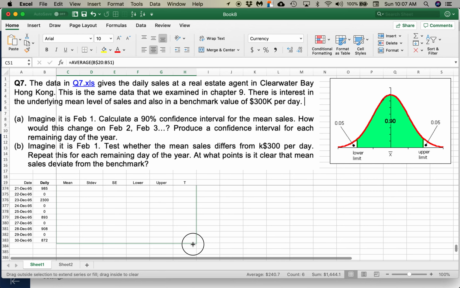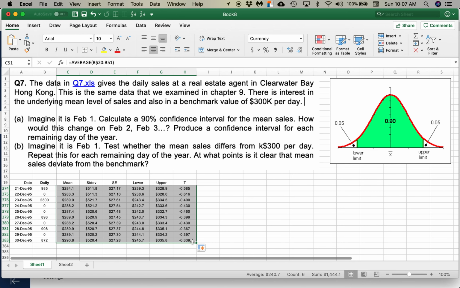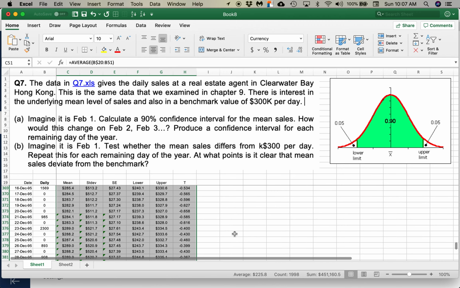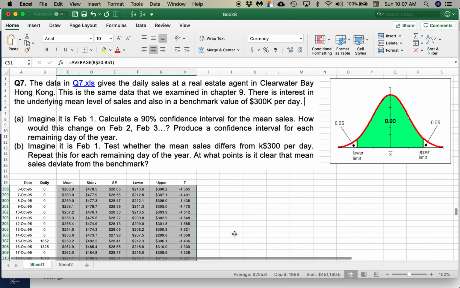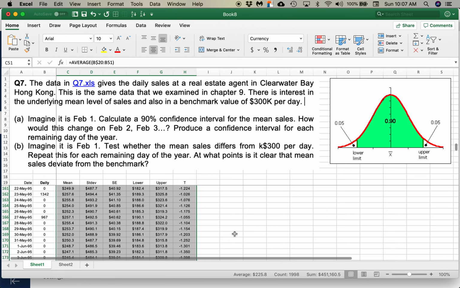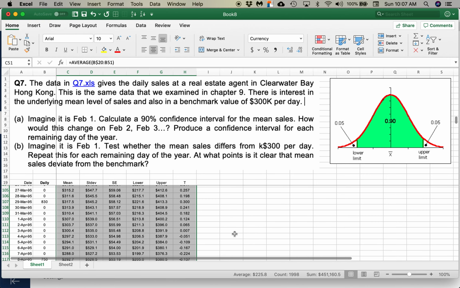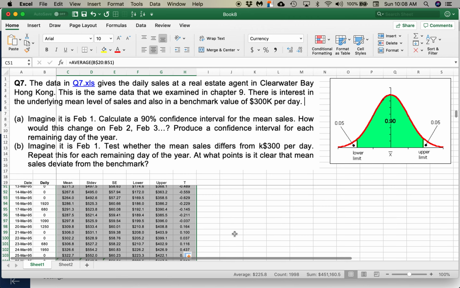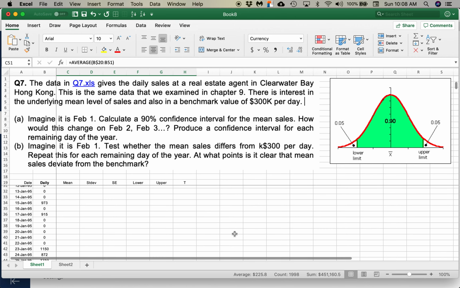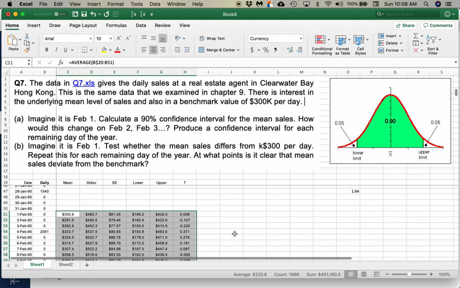I know there are easier ways, but this is just one way of doing it. So we're going to let everything copy down. And now we have everything we need to be able to answer the questions. We've produced 90% confidence intervals for each remaining day of the year, and we have tested whether or not the mean sales differ from $300,000 per year using a T statistic.